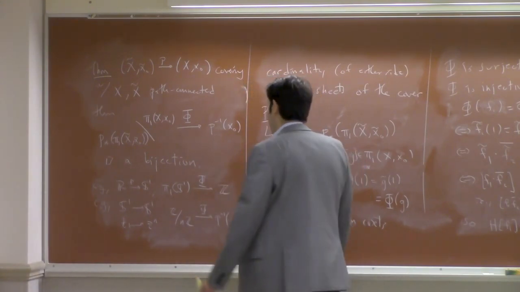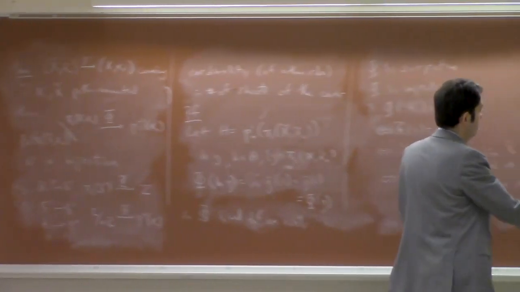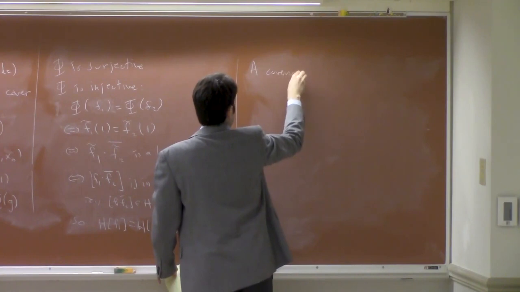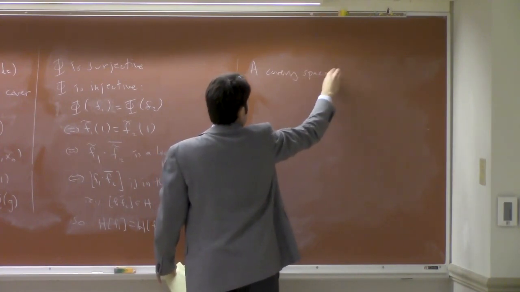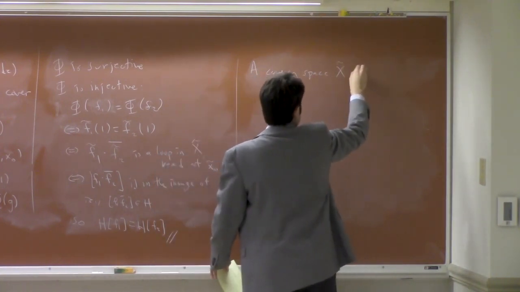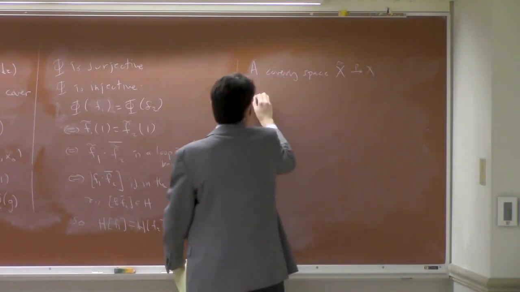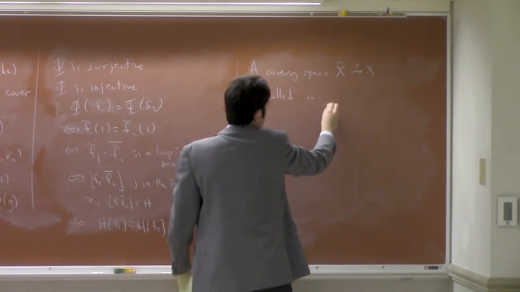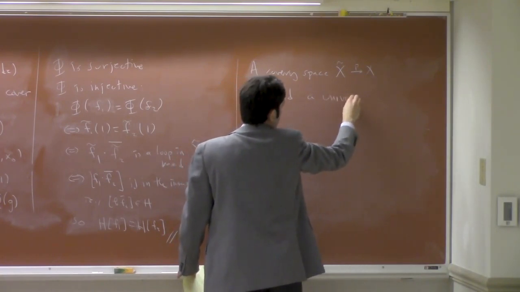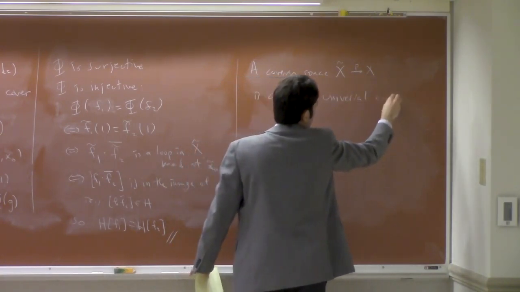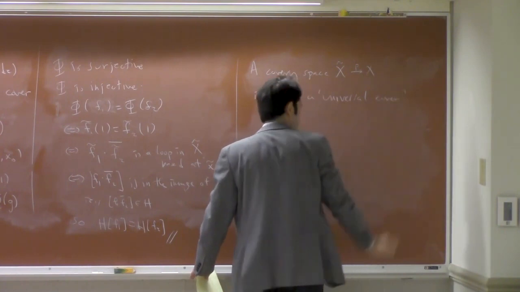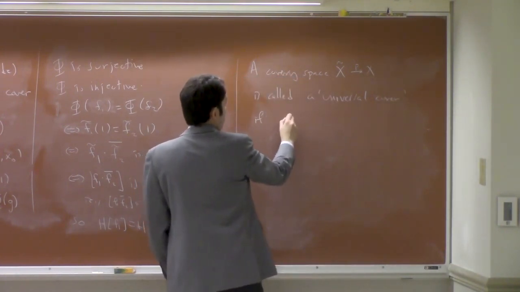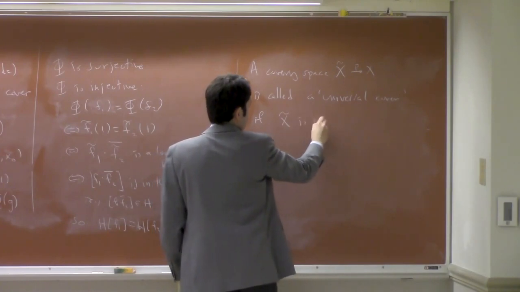Right? So we give those covering spaces a name. A covering space is called a universal cover if x tilde is simply connected.